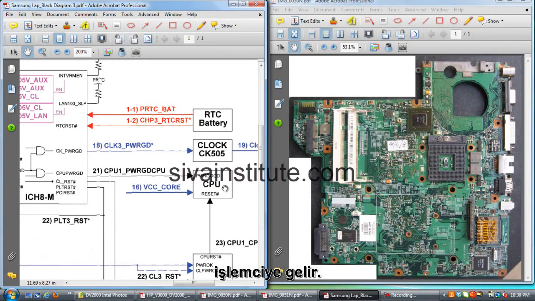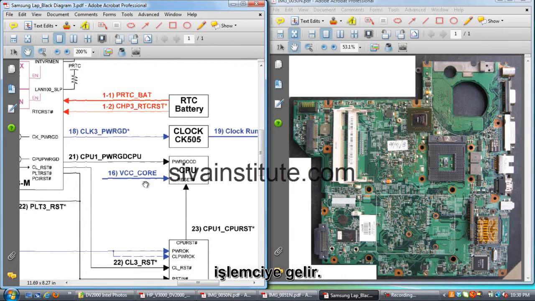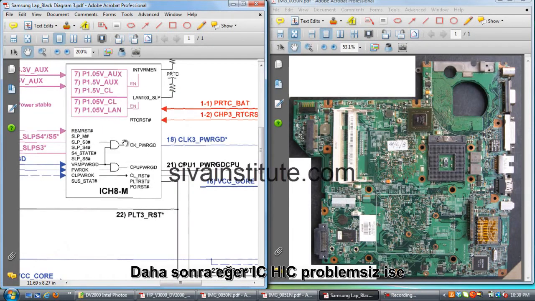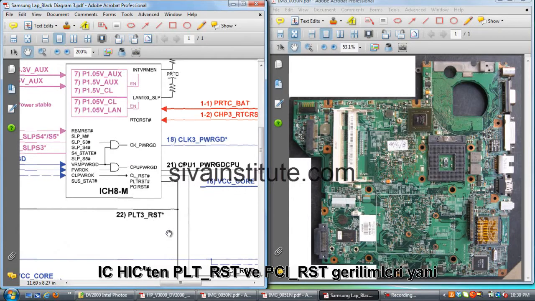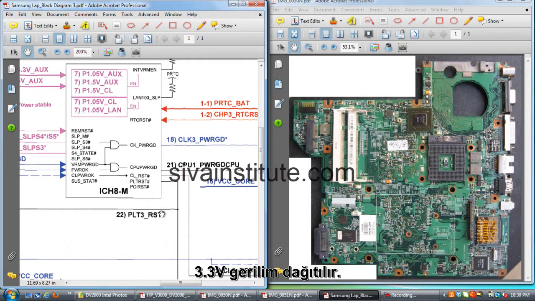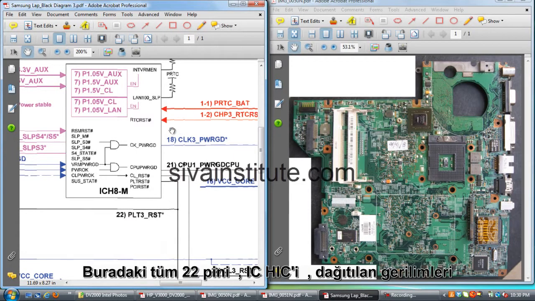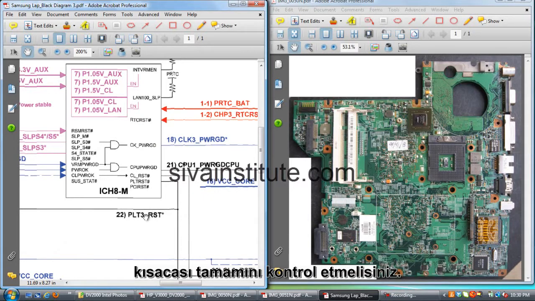ICH releases CPU power good voltage to the CPU. Next, when this ICH is okay, this PLT reset and PCI reset voltage is released from this IC, 3.3 volts. You should check here, 3.3 volts is present, ICH is okay, all these 22 connections, that means 21 connections are okay.